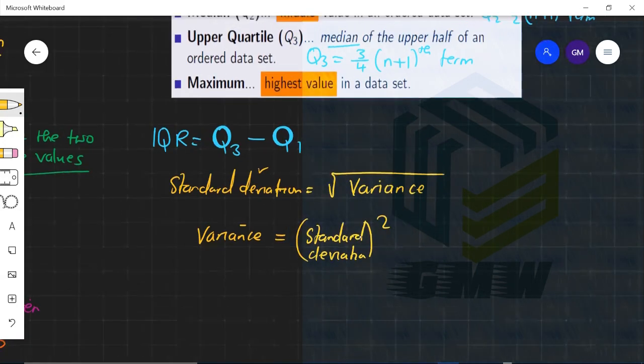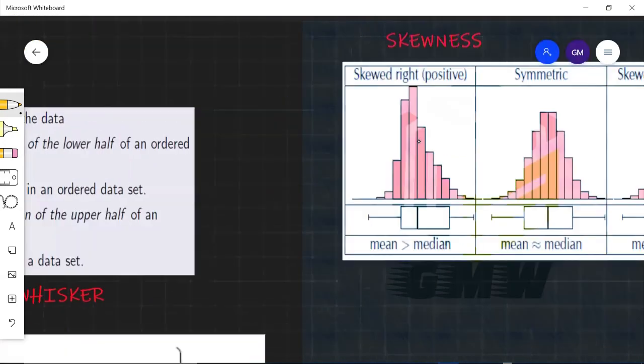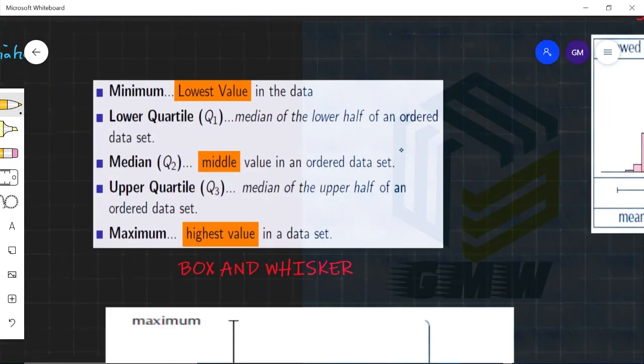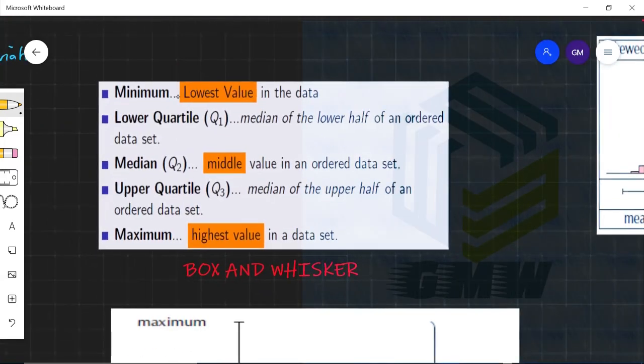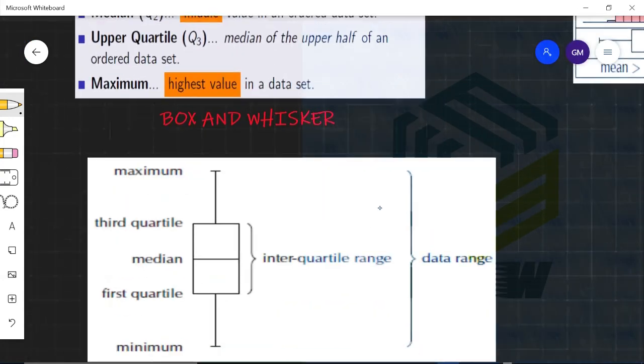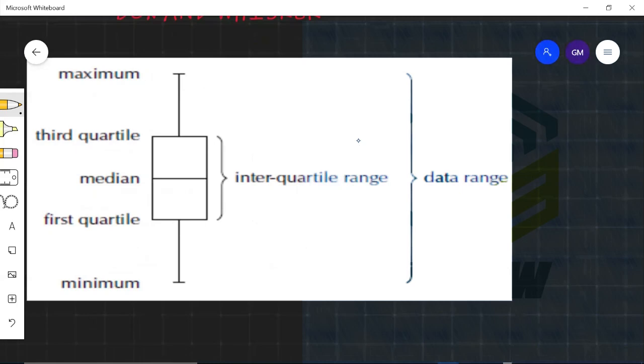Another one that we need to know is called a 5-number summary. A 5-number summary includes the minimum, lower quartile, median, upper quartile, and maximum. You already saw the definitions, but this 5-number summary can be represented in a diagram called a box and whisker.